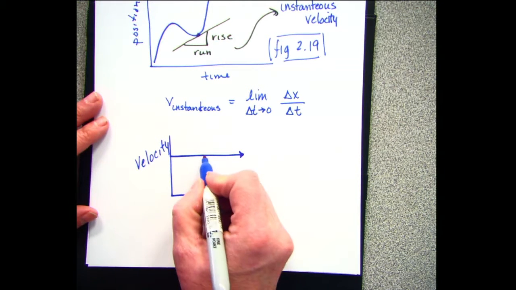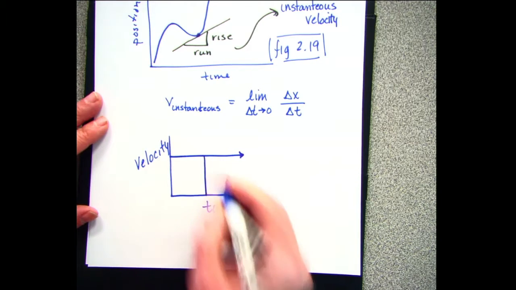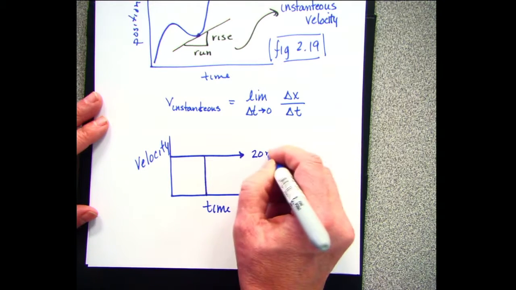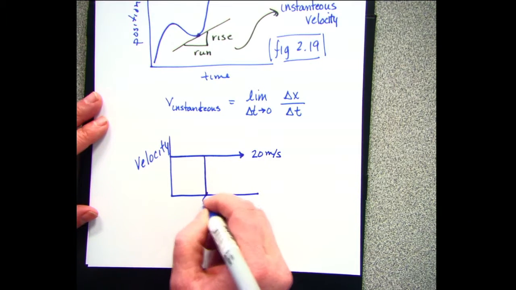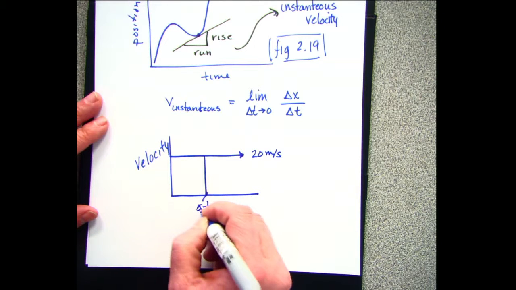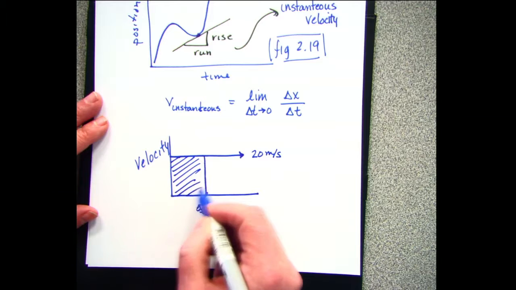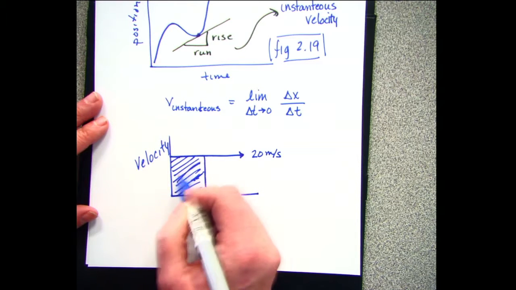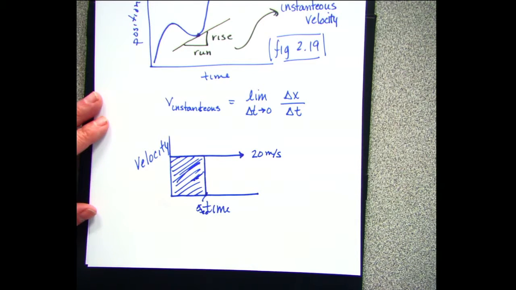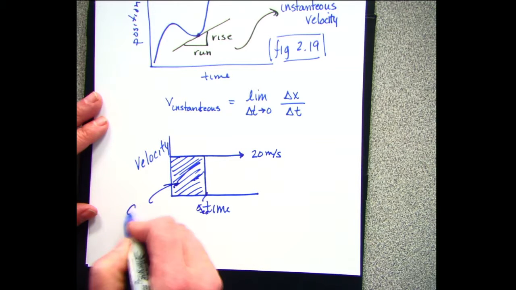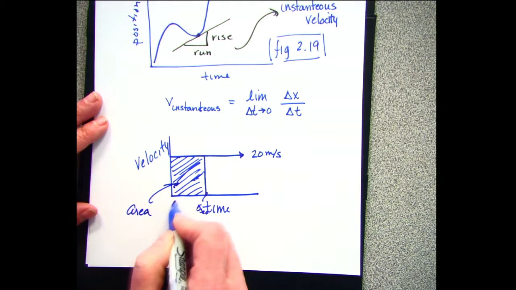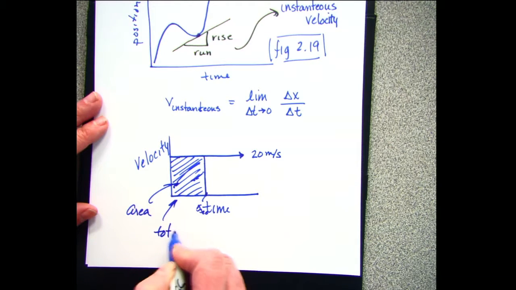If I look at the area, so let's say that this is 20 meters per second and this is 5 seconds, if I look at the area under this graph right here, that is the total distance traveled.